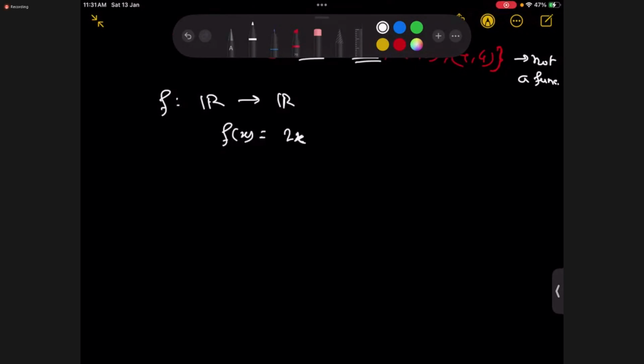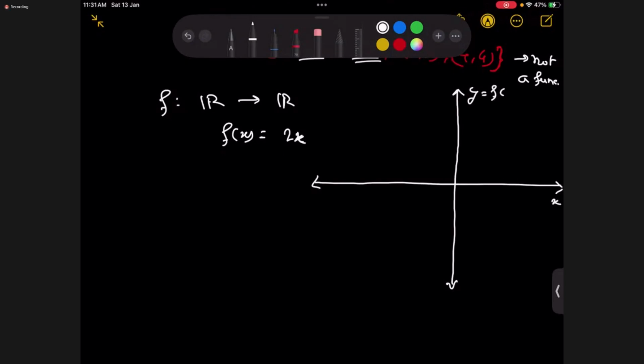So how can we plot the graph of the function? This is our R2 plane. We must put arrows because this is infinite. This is our x-axis, this is our y-axis, and y means y equals f of x.